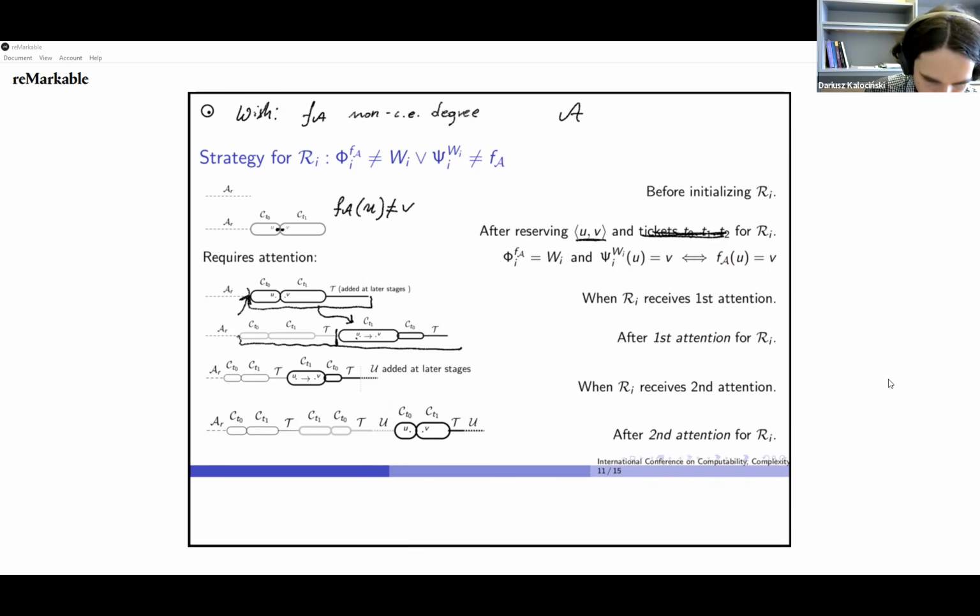So we insert fresh numbers here. These are the gray numbers. And we again recover the previous situation. So the shorter cycle comes first, the longer cycle comes next.